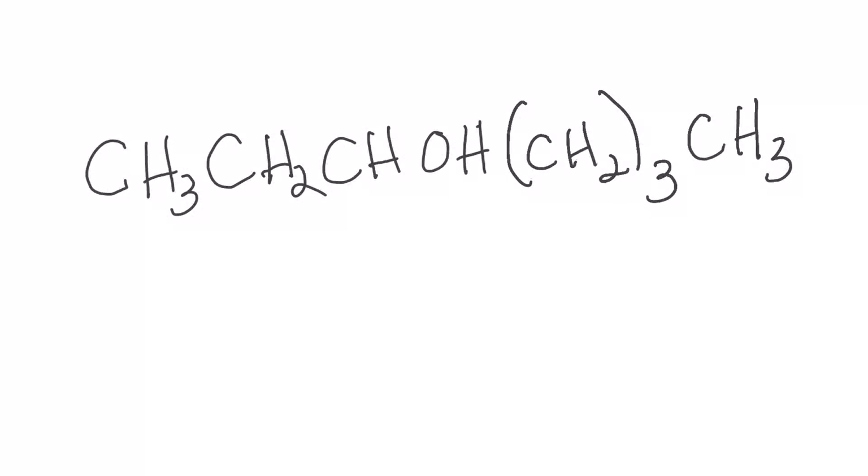Once again, that took a long time to draw, so there's an even shorter method, and that's just with lines. Wow, so watch this. This is even shorter. So this is 1, 2, 3, 4, 5, 6, 7. This squiggly line here represents the carbon chain.